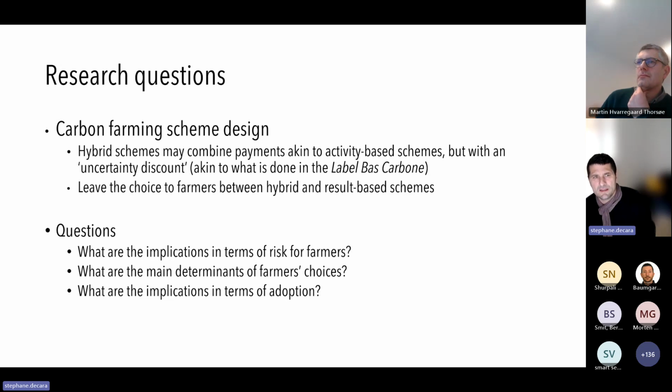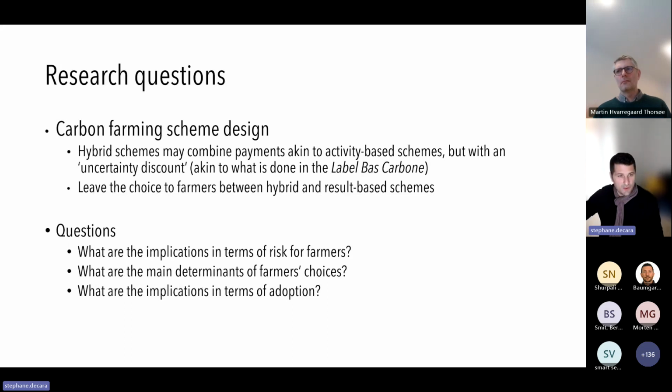Some of these hybrid schemes are similar to what you can see, for instance, in the Label Bas Carbone in France, where you have this option to go for such hybrid schemes. The idea there is to leave the choice to farmers between going hybrid with a certainty discount, so getting a payment with certainty, but with a discount, and result-based, where you get a higher payment, but with risk.